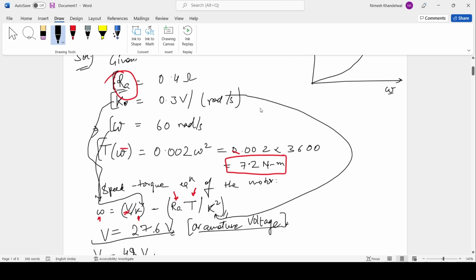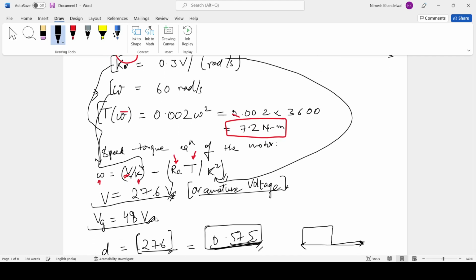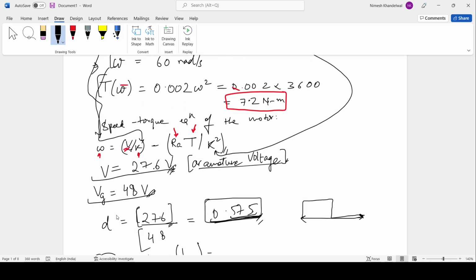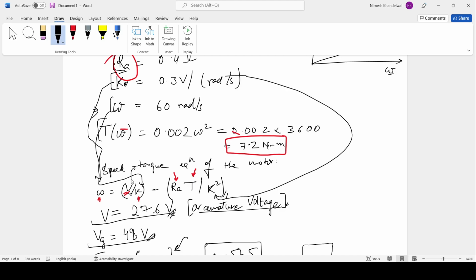So if I somehow calculate the armature voltage, then I can use that armature voltage and the supply voltage to calculate the duty ratio, that is, the fraction of time for which my switch should be on for the net voltage to be 27.6 instead of the source voltage 48. Now how do I calculate the armature voltage given all these quantities? I know from week 5 lectures that the speed and torque equation of the motor is given by this equation.